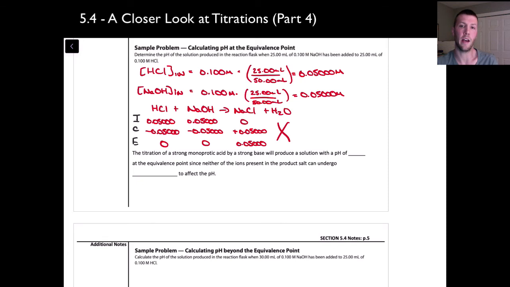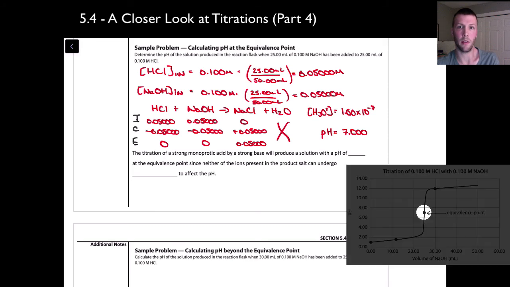Reminder, we can't have an aqueous solution with 0 concentration of hydronium ions since water autoionizes. So by taking the square root of the Kw, we can get the hydronium ion concentration, which is 1.00 times 10 to the negative 7, and therefore the pH should be 7.000. That's 3 decimal places, since the concentration had 3 sig figs.